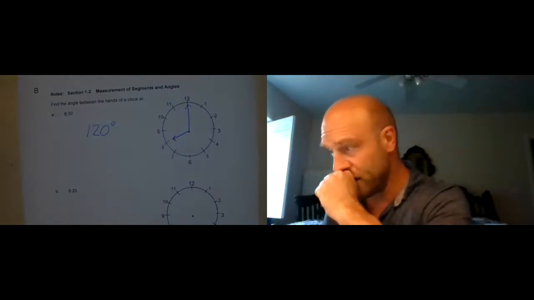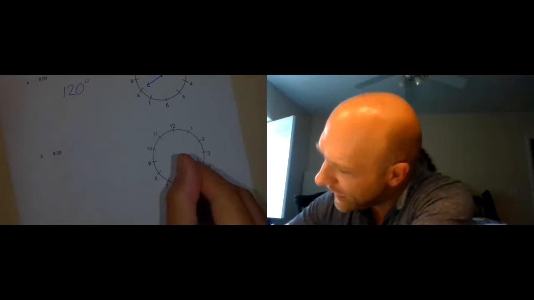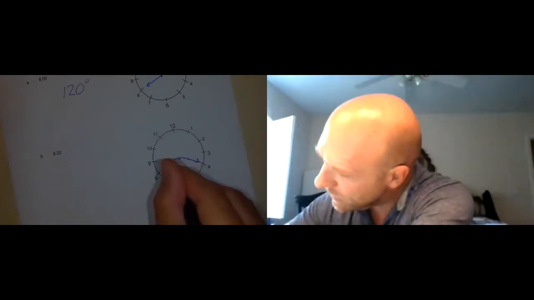At 8:20, the minute hand points to the 4. But at 8:20, the hour hand does not point at the 8. It points 20/60ths, better known as 1/3, of the way between the 8 and the 9.